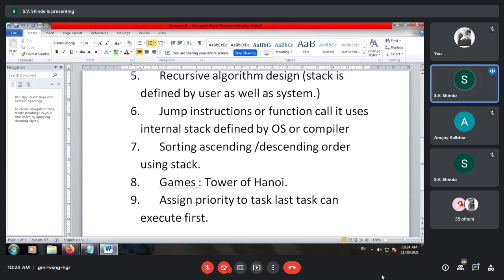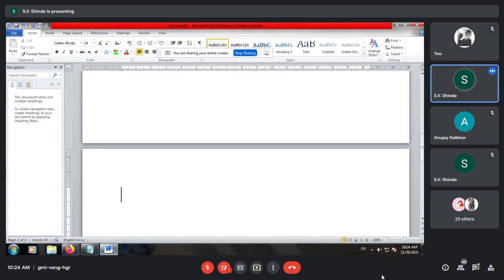Now, going deeper as far as the syllabus is concerned, one topic is expression evaluation. So what is this expression evaluation? We will first see the types of expression. Generally, people write expressions in three forms.